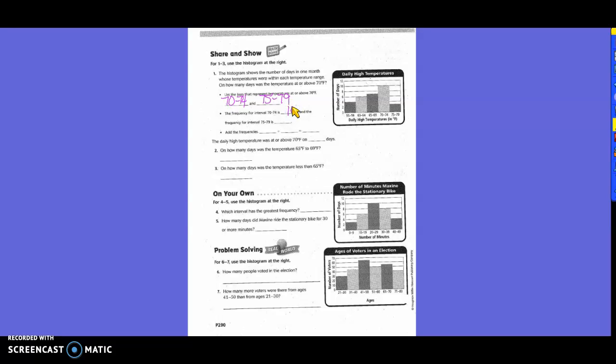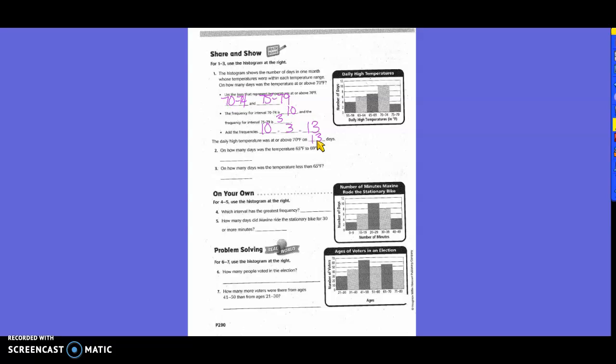The bar for the 75 to 79 interval goes to 3. So then we need to add those 2 frequencies together. 10 plus 3 equals 13. Then the daily high temperature was at or above 70 degrees on 13 of those days.